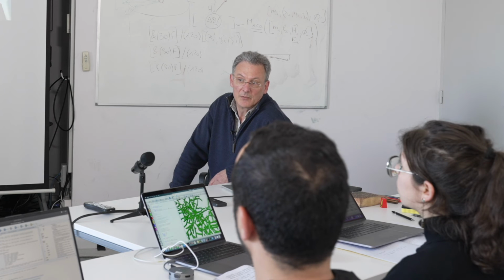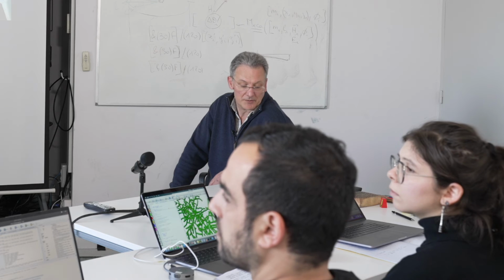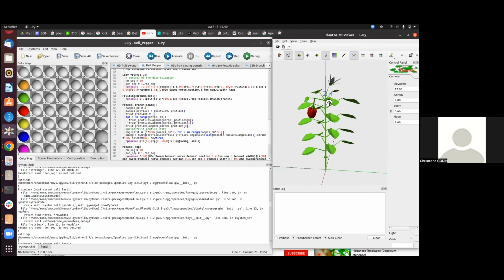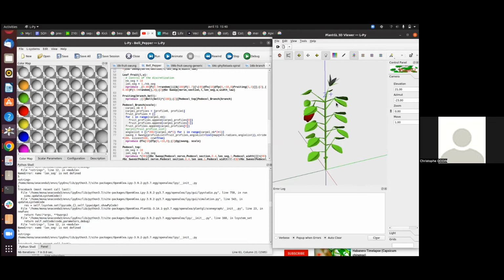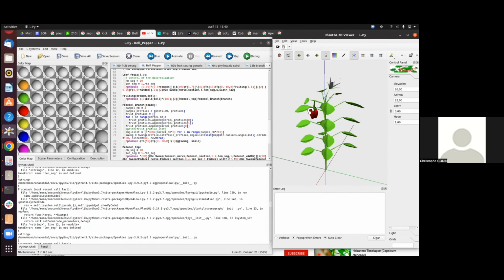Decussate. Yep. So the first thing is I would like to make it more realistic, incorporate the growth of the buds, which I haven't incorporated yet, and make the growth cycle and put it into that cycle. So for now it's at this stage.